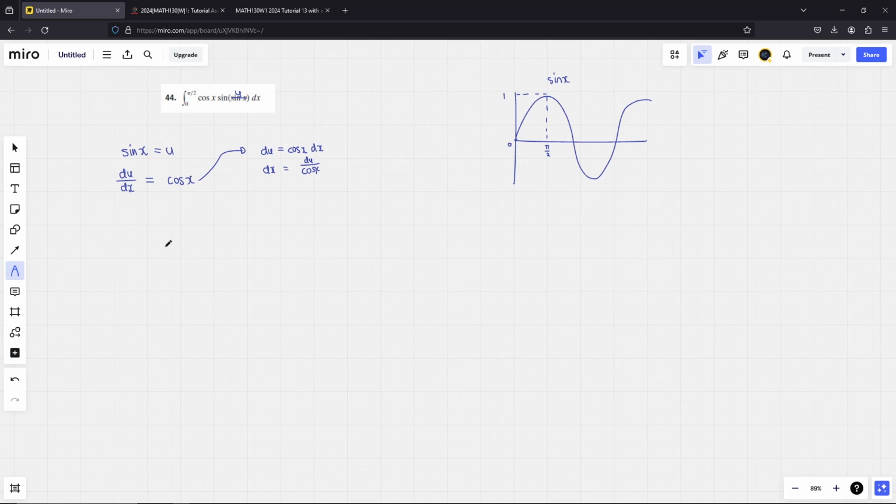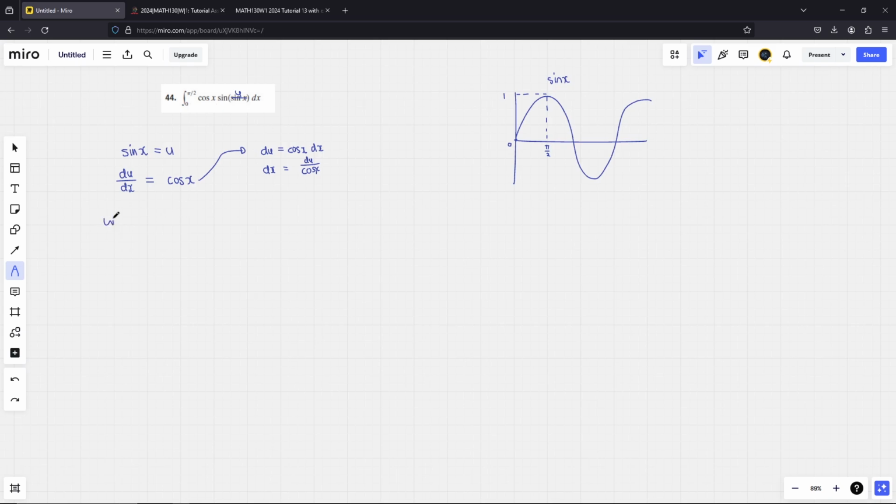Now the next thing we're going to want to do after finding u and finding dx is calculating our new upper and lower bounds. So let's look at sine x equals u. Our upper and lower bounds represent x values in our question, because our variable is in terms of x.